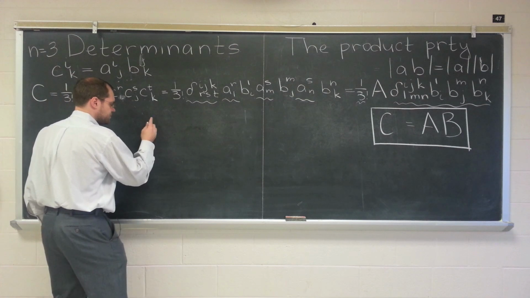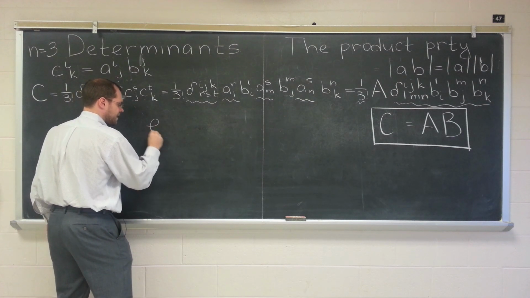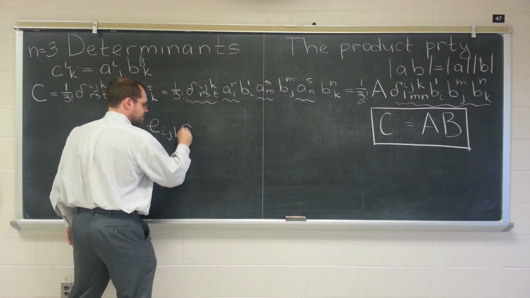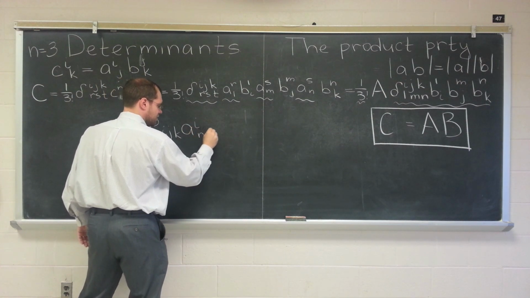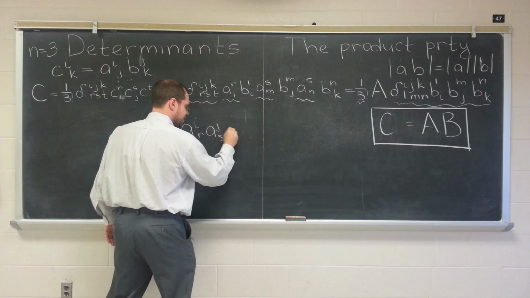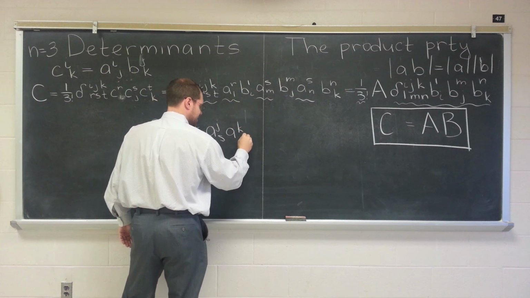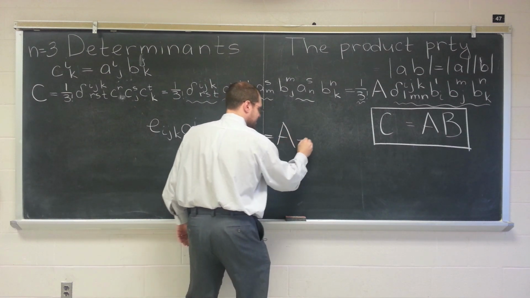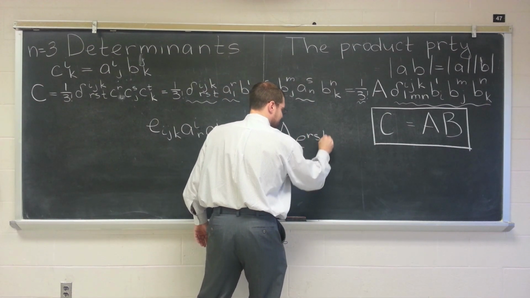Is that EIJK times AIR, AJS, AKT equals the determinant A times ERST.